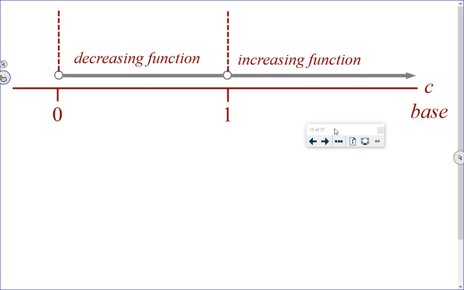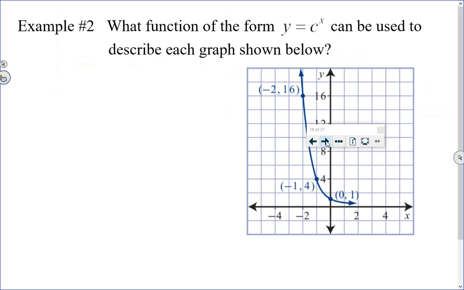Because now not only can we say the base has to be something indicated by that arrow, but we can put that if the base is in one part of the arrow, it represents an increasing function. If the base is in another part, it represents a decreasing function. All right, we're going to add to that diagram again in a few minutes.